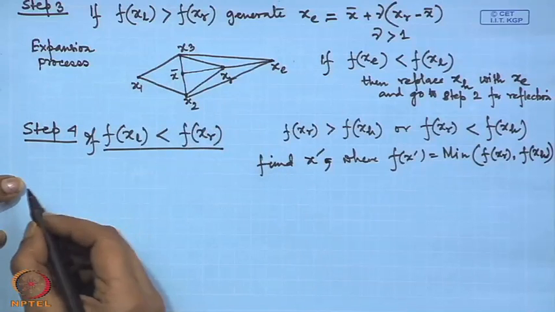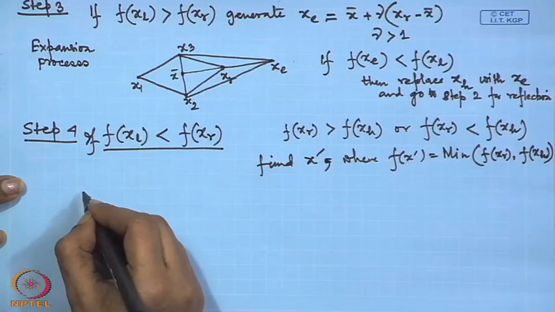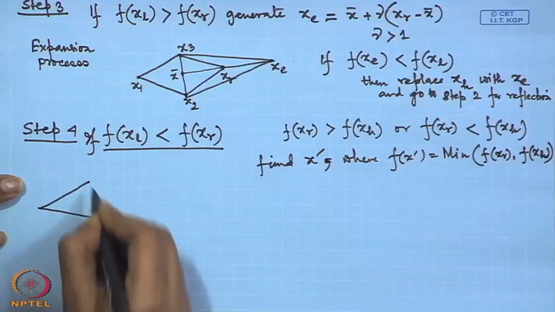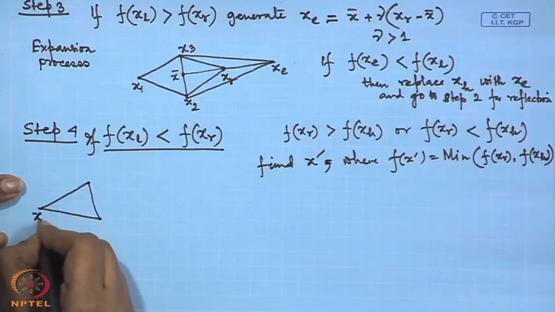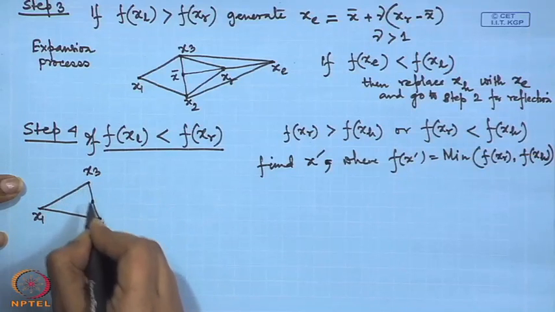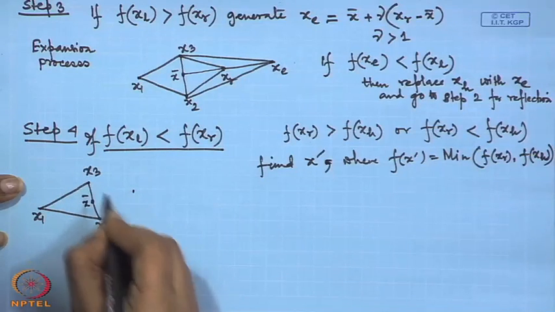What will be done next, just if I write down the simplex once again, we have done the reflection process with x2, x3. This is the x bar, we have done the reflection here.